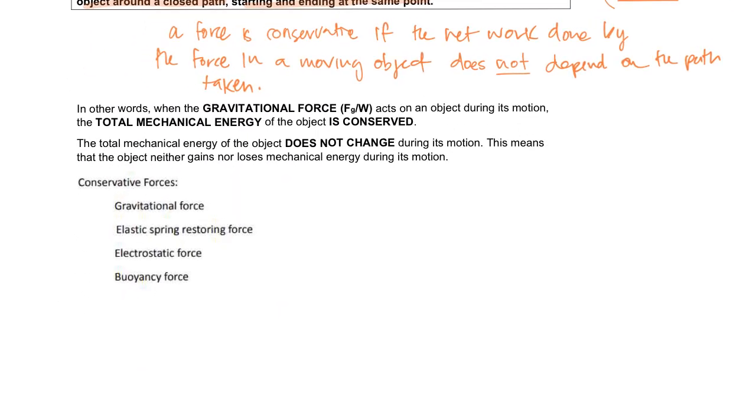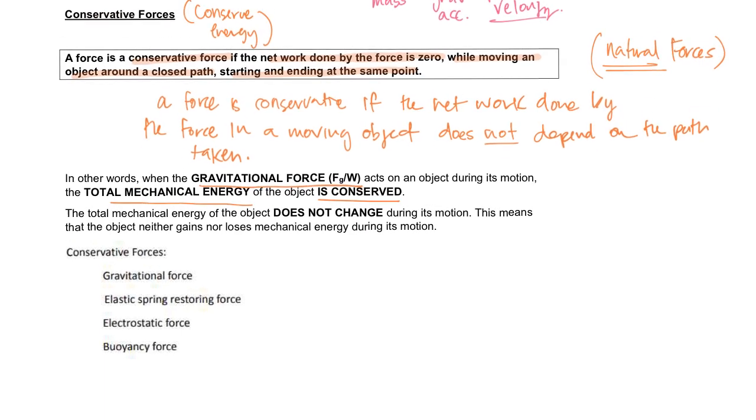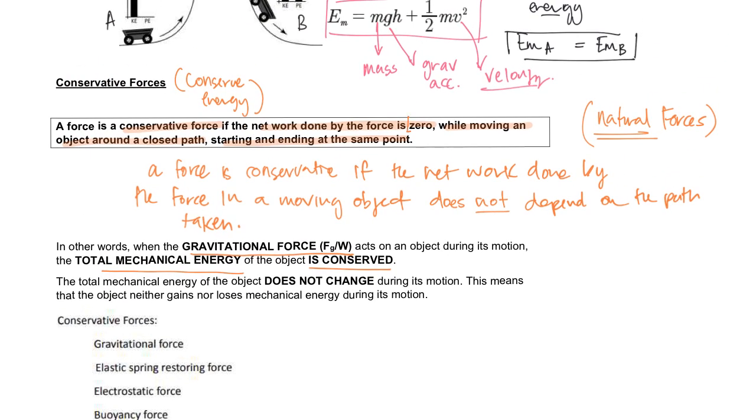So in other words, if the gravitational force or weight acts on an object during its motion, the total mechanical energy of the object is conserved. Two things. The first one here says that the net work done by the force is zero. In previous videos, we said that perpendicular forces do zero work.